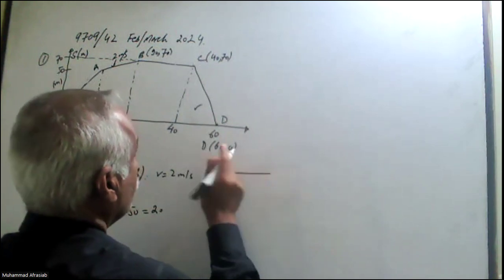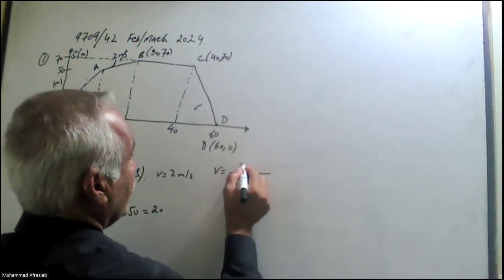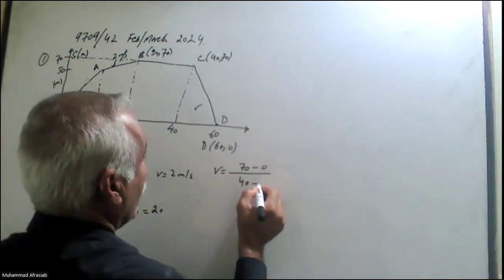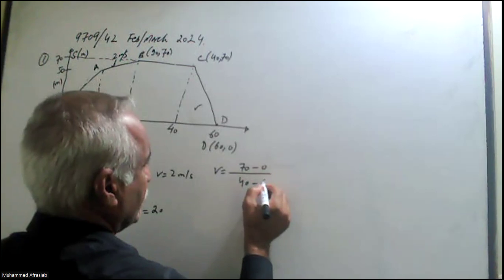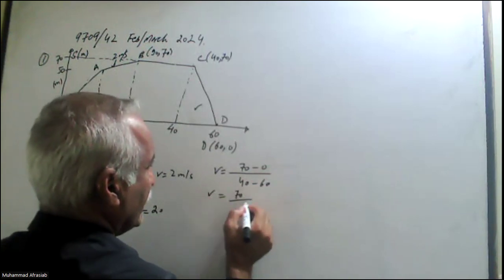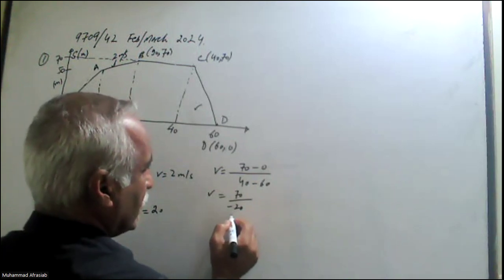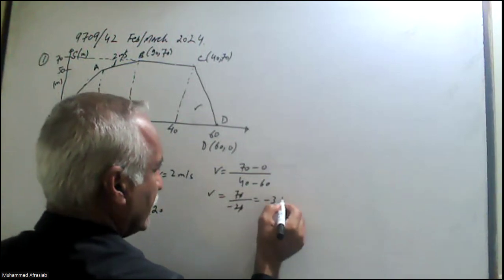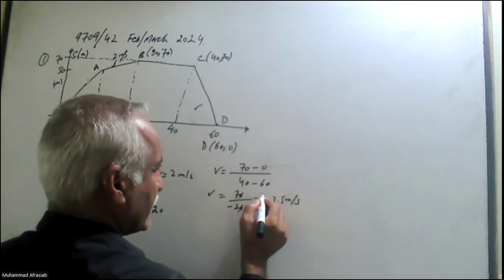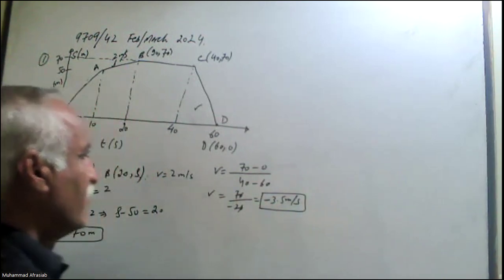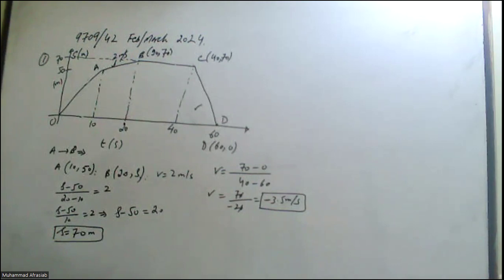V is equal to 70 minus 0 over 40 minus 60, or 70 over minus 20, which is equal to minus 3.5 meters per second. This minus indicates that the velocity is negative in that portion from C to D.